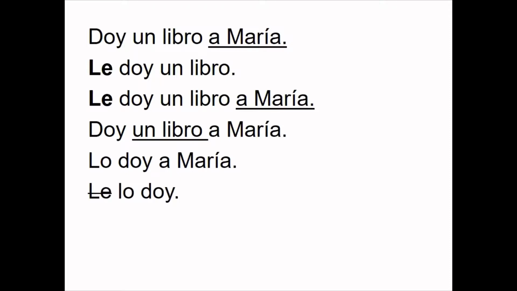So let's substitute a María as well. Le is the indirect object pronoun. We place first the indirect object pronoun, then the direct object pronoun, and then the verb. But there is a problem. We cannot say le lo doy.